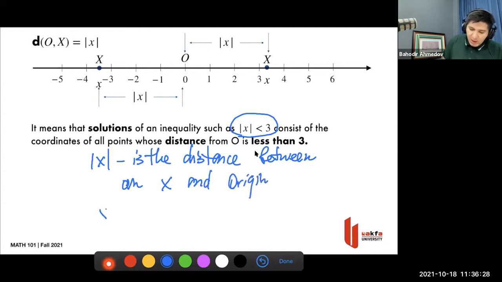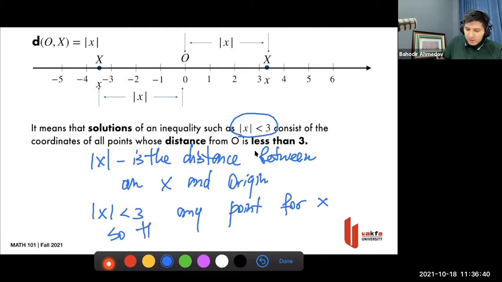And whenever I say that the modulo of x is less than 3, it means any point x so that the distance from the origin is less than 3.